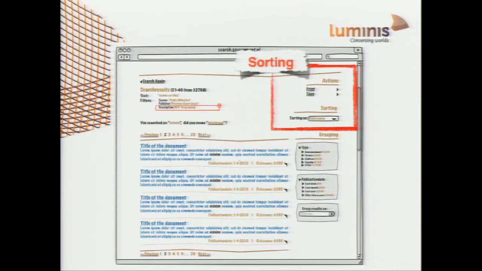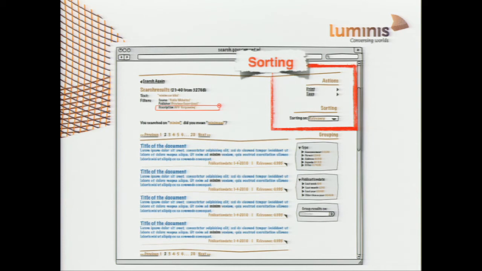If I'm looking for Java, I can get a lot of results. Sometimes I want to sort them on date of publication, sometimes on author. Another way to sort them is the subjects which are treated in there.